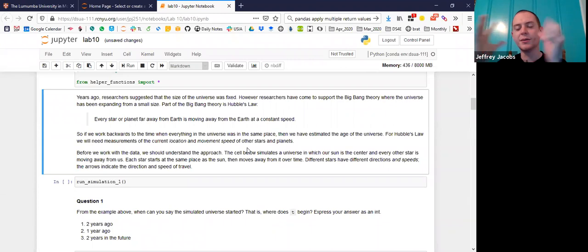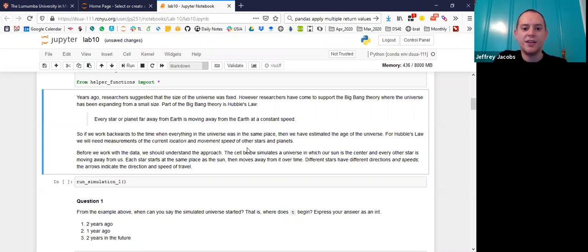Because the point of the Big Bang is that all matter started in a single point, and then there was a big bang, and all the matter is now rapidly blown apart, getting further and further from the center of where the Big Bang happened. That means from the frame of reference of any planet, for example, Earth, we can look out at all the other planets and see how fast they're traveling away from us, and start to get an estimate of how old the universe is from that.